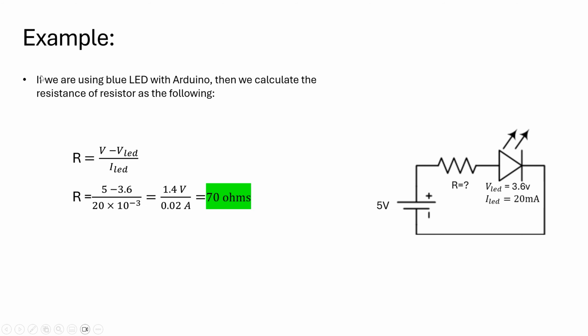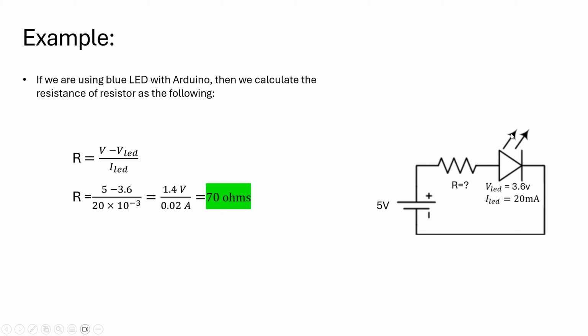Here we have an example. For example, if we have a blue LED and the source voltage is 5 volts, we now need to calculate the resistance of this resistor.